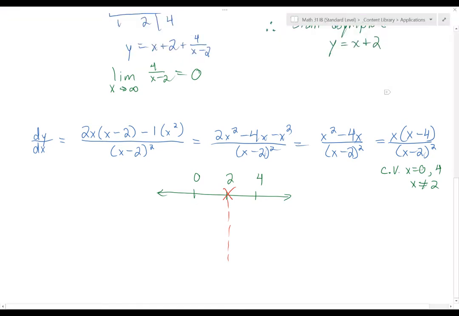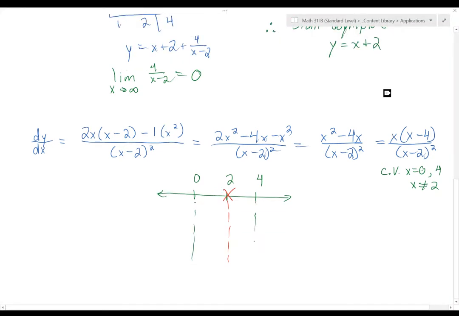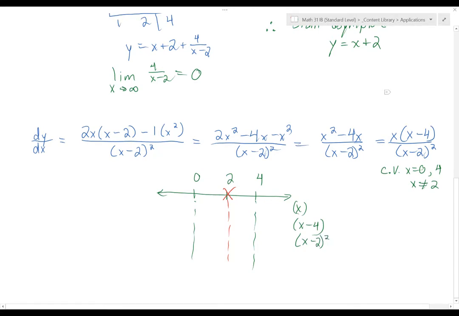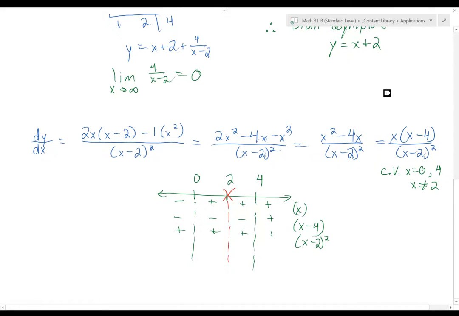So then I have factor by factor what's going on. So x minus 4, the x minus 2 squared I don't really have to include because it's always going to be positive, but I'm going to include it anyway. So x is negative in the interval less than 0 and positive elsewhere. X minus 4 is negative in all the intervals less than 4 and positive greater than 4. X minus 2 squared is positive everywhere.